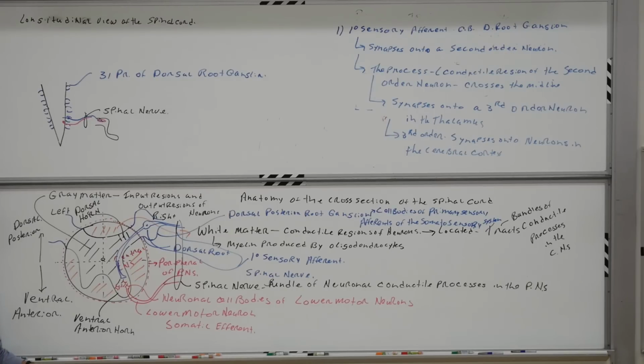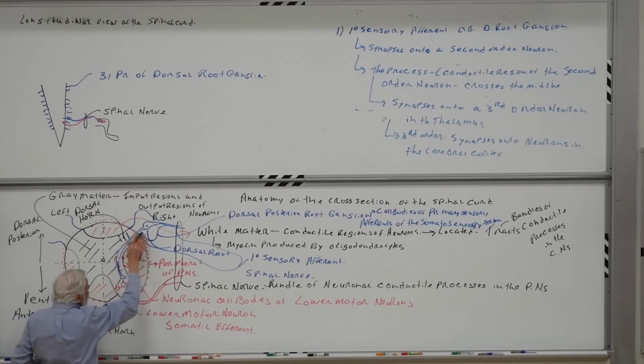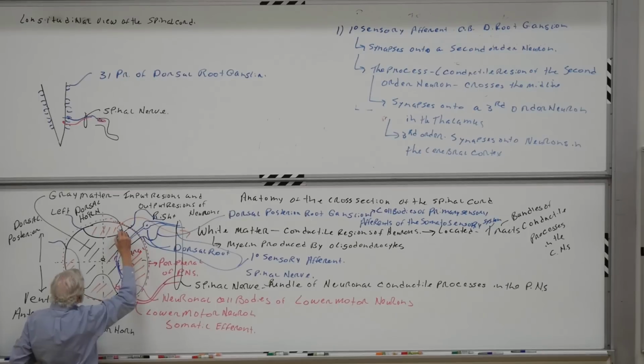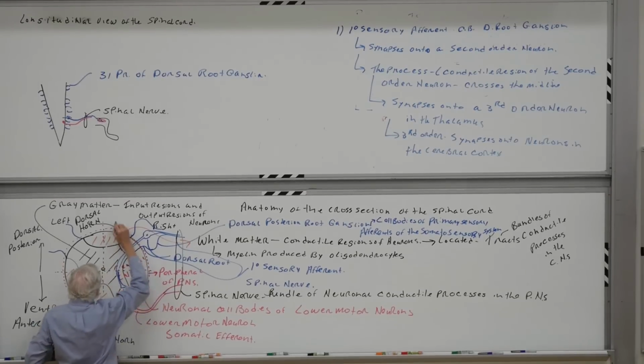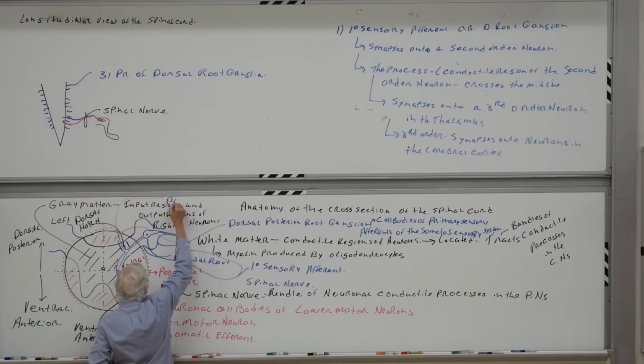And that's true. But there's another branch of this primary sensory afferent. Another branch now enters the white matter. It enters the white matter in the dorsal part of the cord that has a name called the dorsal columns.